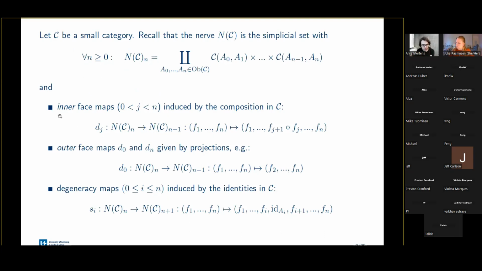The inner face maps and the degeneracy maps can be defined fairly straightforwardly. You just take a sequence and make it shorter by composing two morphisms in the sequence, and for the degeneracy maps, you take a sequence and make it longer by putting an identity in the middle. And the outer face maps take a sequence and make it shorter by either forgetting the first or the last entry of the sequence. You sort of project away onto the first n-1 or onto the last n-1 components.